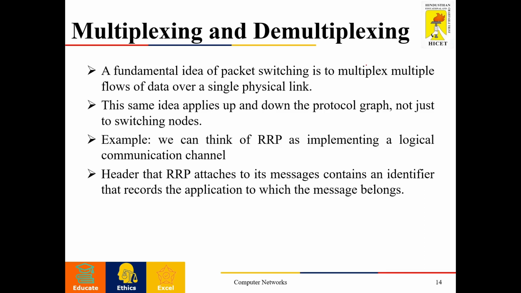At the source host, RRP includes the appropriate DMUX key in its header. When the message is delivered to RRP on the destination host, it strips its header, examines the DMUX key and demultiplexes the message to the correct application. RRP is not unique in its support for multiplexing; nearly every protocol implements this mechanism.